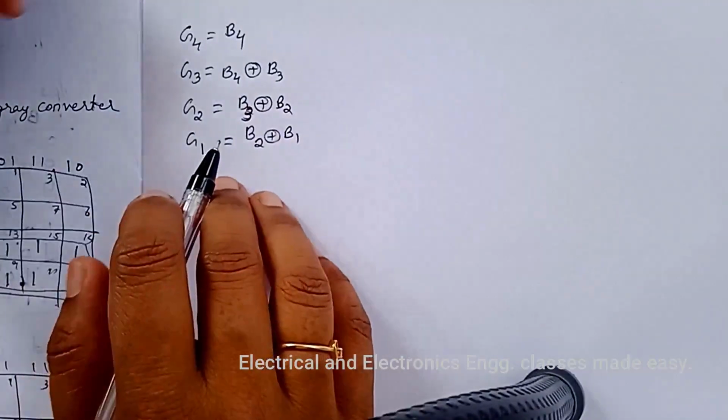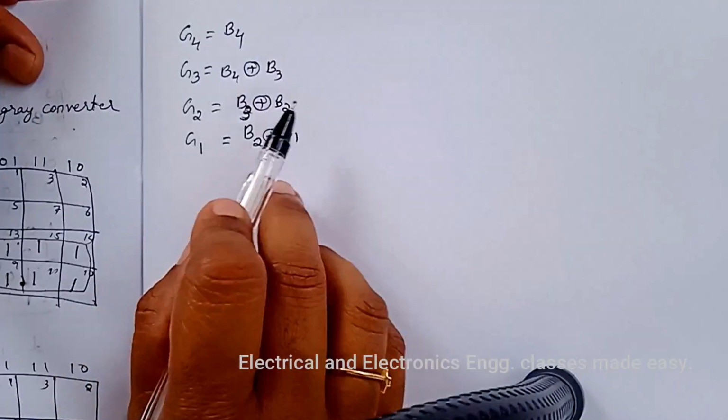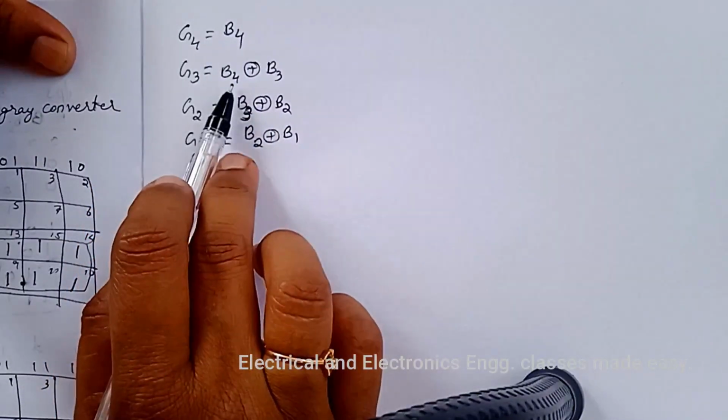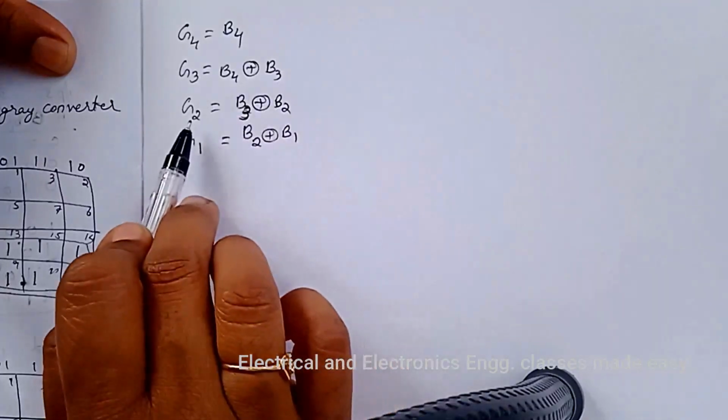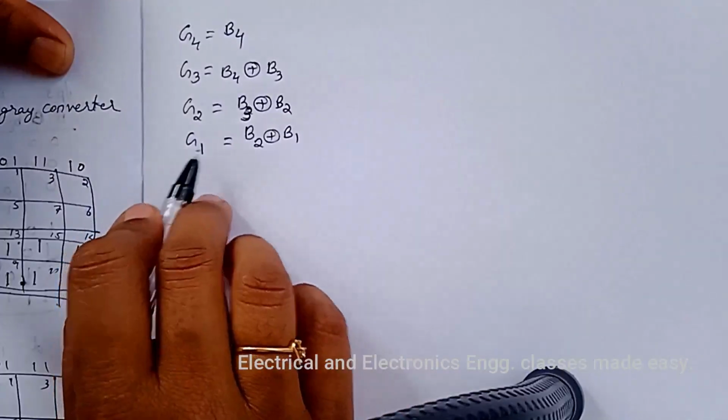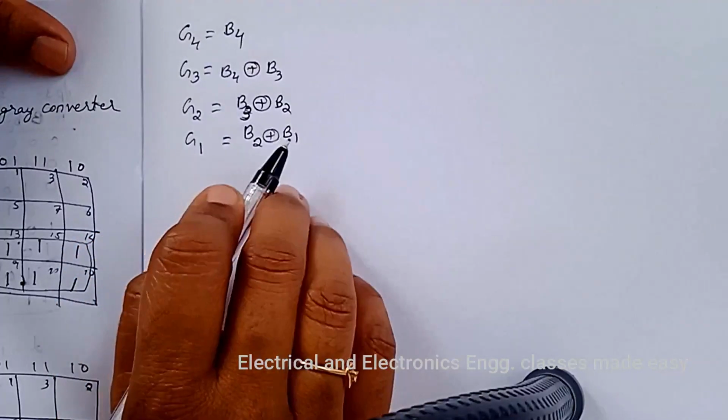So after minimization, we got G4 equal to B4, G3 equal to B4 XOR B3, G2 equal to B3 XOR B2, and G1 equal to B2 XOR B1.